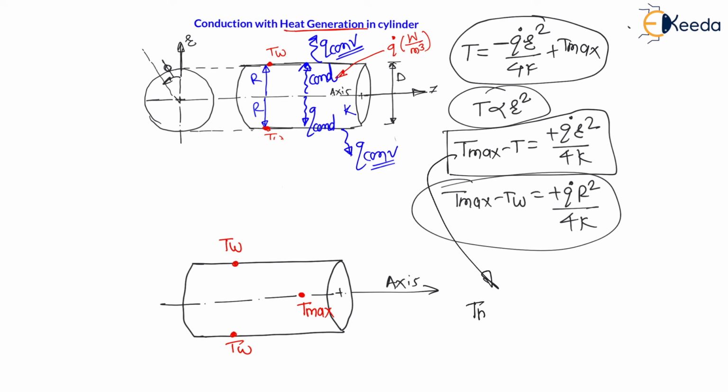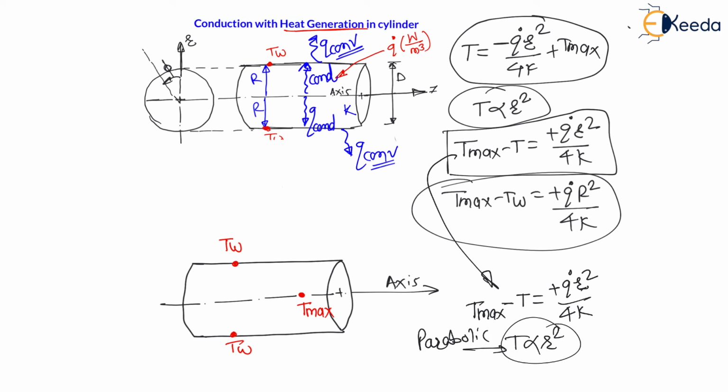It is maximum temperature minus temperature at any location is equal to plus q dot r square divided by 4k, right? Therefore temperature is directly proportional to r square. Therefore the distribution will be parabolic. This type of distribution is called parabolic, right? And the maximum temperature will be at the axis and the minimum temperature will be on the wall.